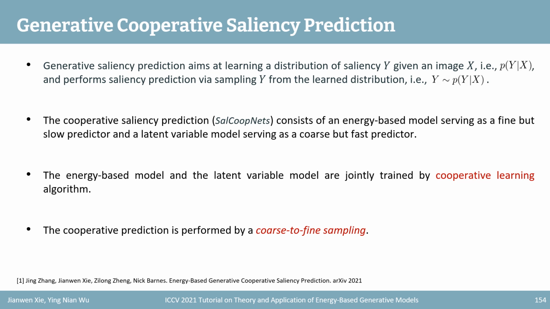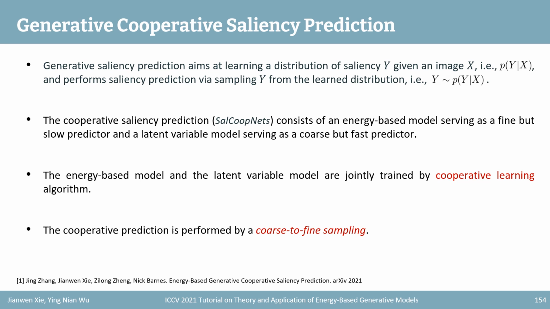Now, we will represent this distribution by a generative conditional cooperative network. The cooperative saliency prediction framework consists of an energy-based model serving as a fine but slow predictor, and a latent variable model serving as a coarse but fast predictor.